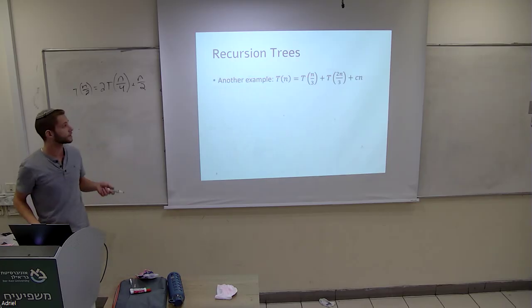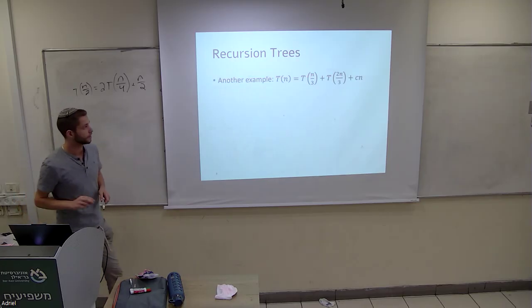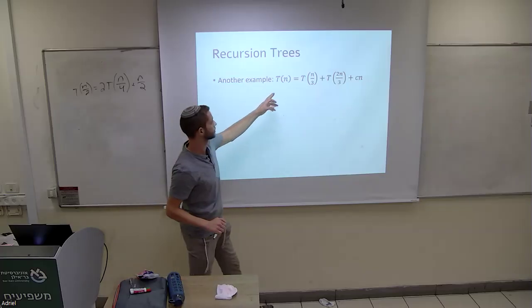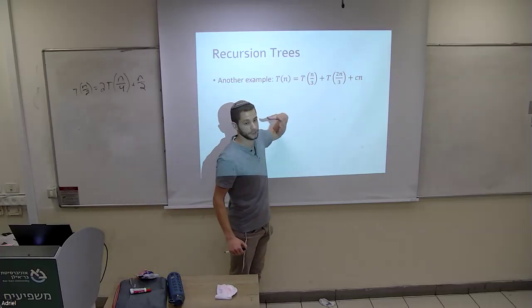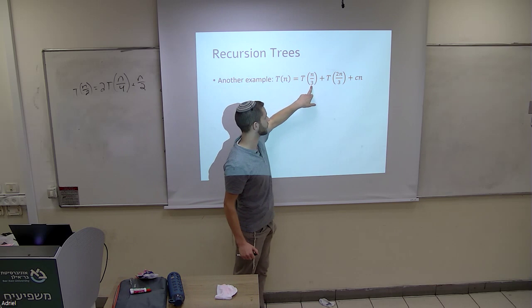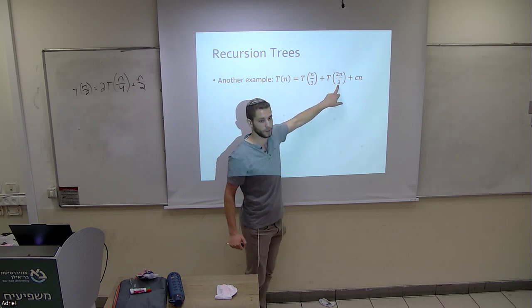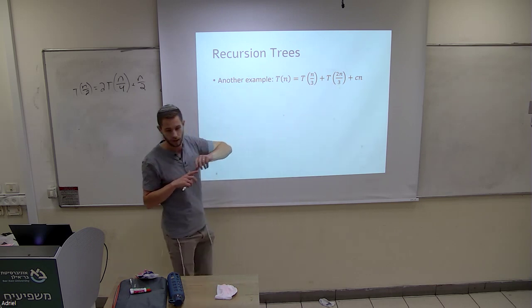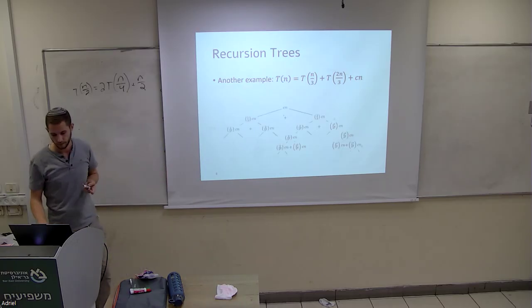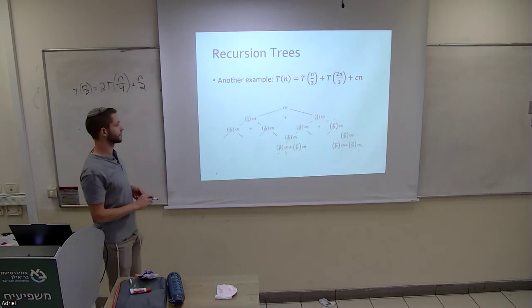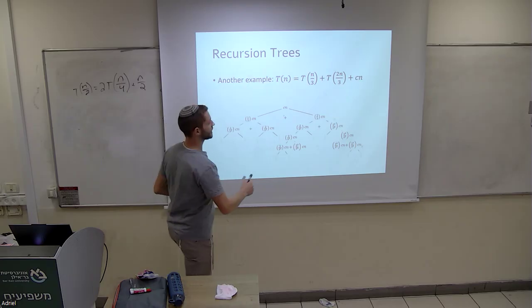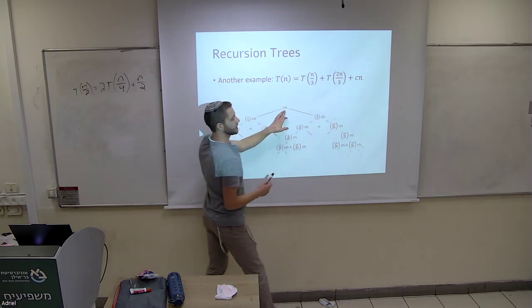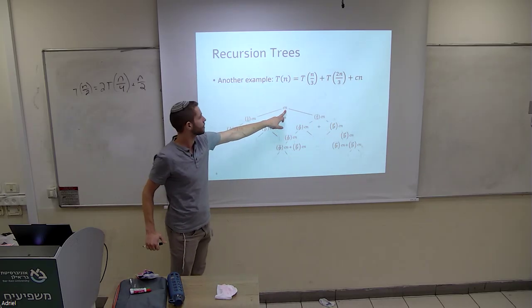All right. Another example, a little bit more complicated tree. Now we have 2 separate calls: one is n divided by 3, and the other one is 2n divided by 3. So it's a bit different. How is this tree going to look? Don't freak out. First, we have c of n at the first level, right?